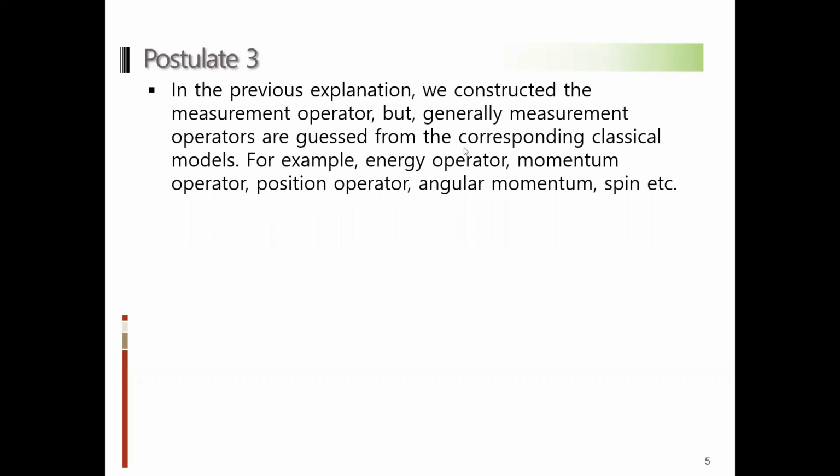Energy is generally the summation of the kinetic energy, which is expressed in terms of the momentum, and the potential energy, which is represented by the position. So most of them have their own corresponding operator in quantum mechanics, and even the angular momentum is the cross product between the momentum and the position operator.